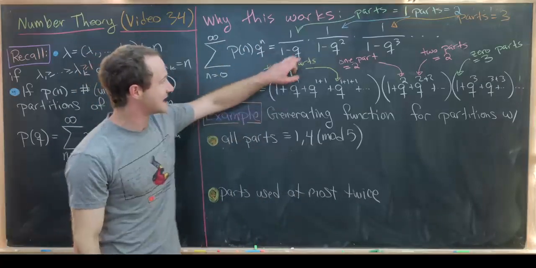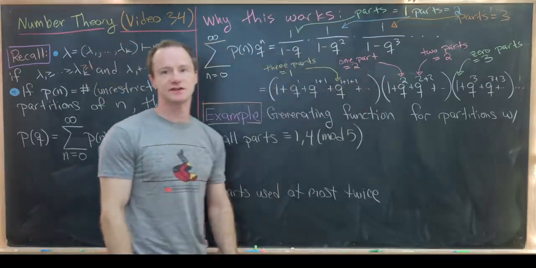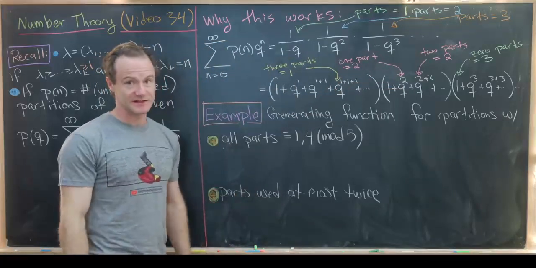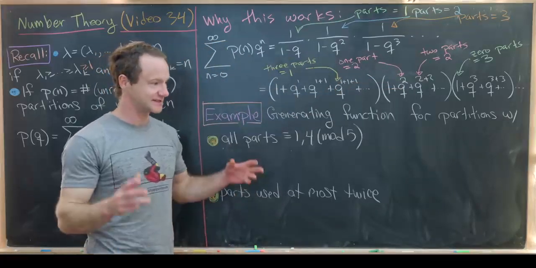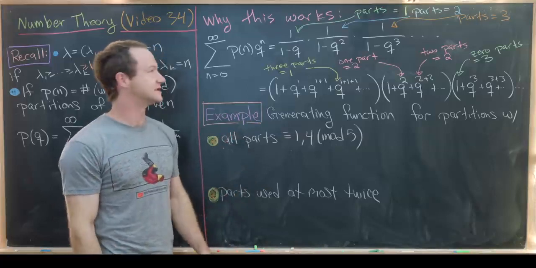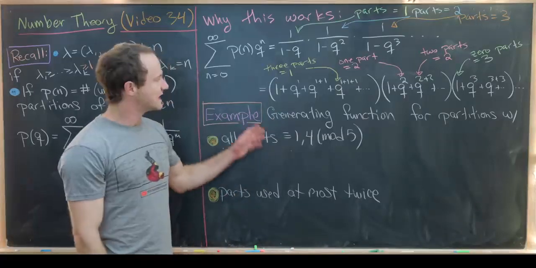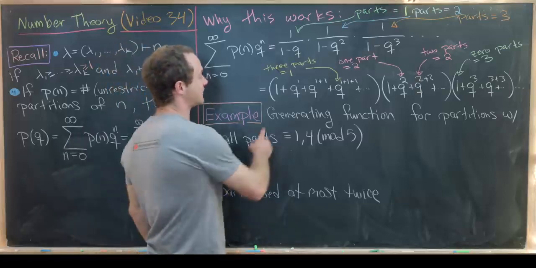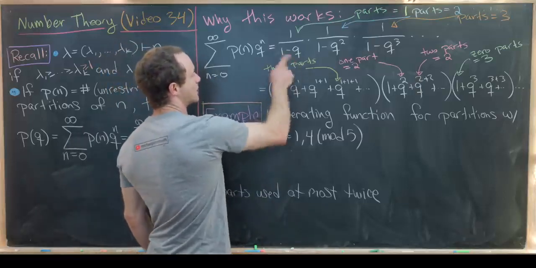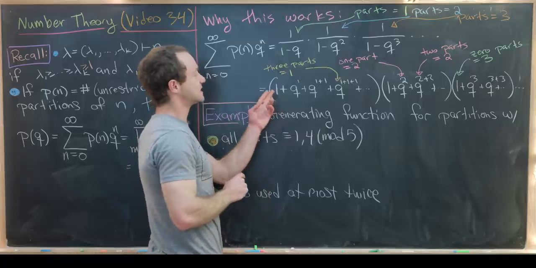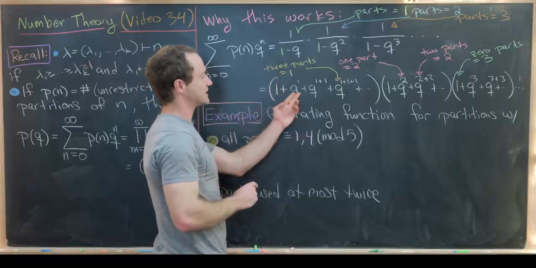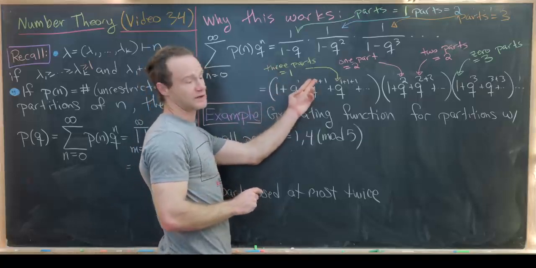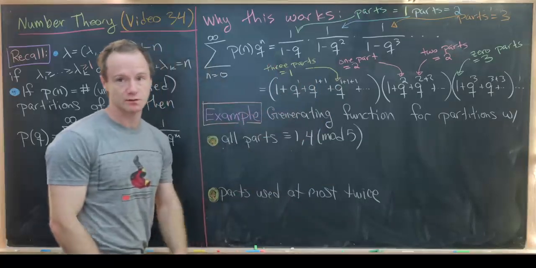Furthermore, if we expand each of these as geometric series, which is the more proper way to view this infinite product, we can see a little bit more of what's going on. So for instance, this 1 over 1 minus q, we can think of it as expanding to 1 plus q to the first, q to the 1 plus 1, q to the 1 plus 1 plus 1.